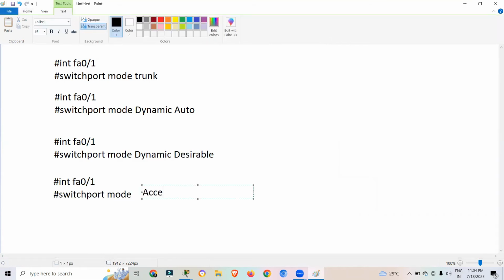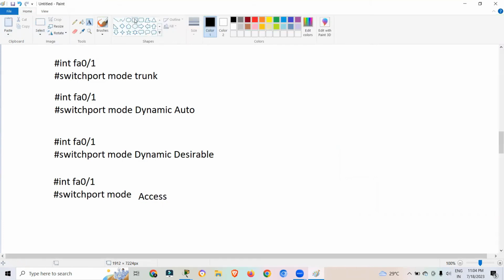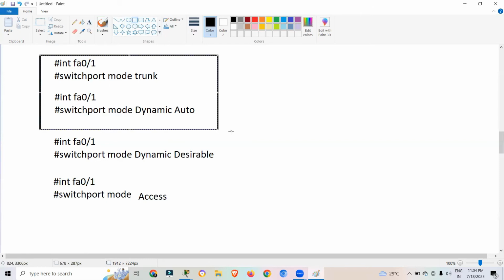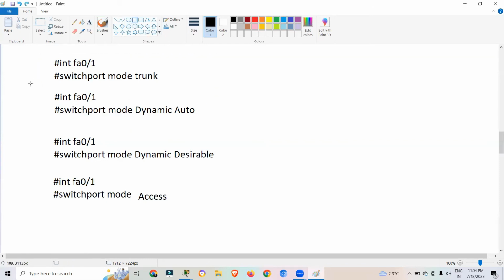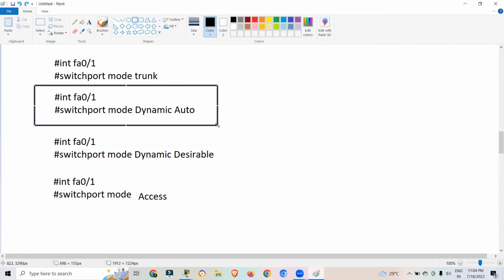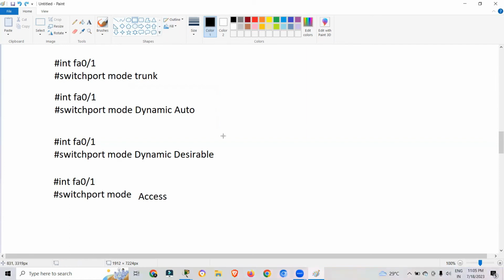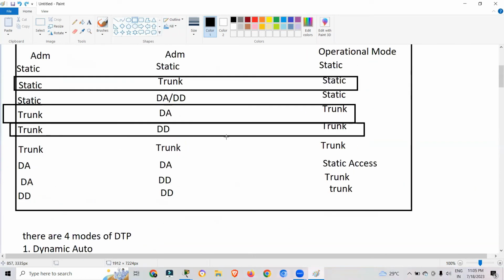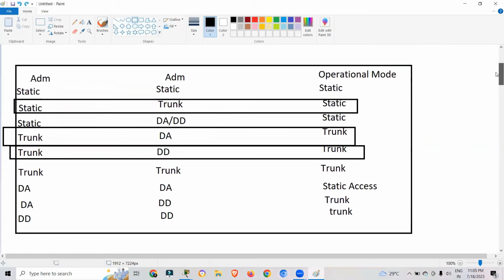Now your question is what? Here I already explained what the above will do. That will only be used to change the mode. Dynamic auto is the default, and I also told you the combination of all of these here, right?